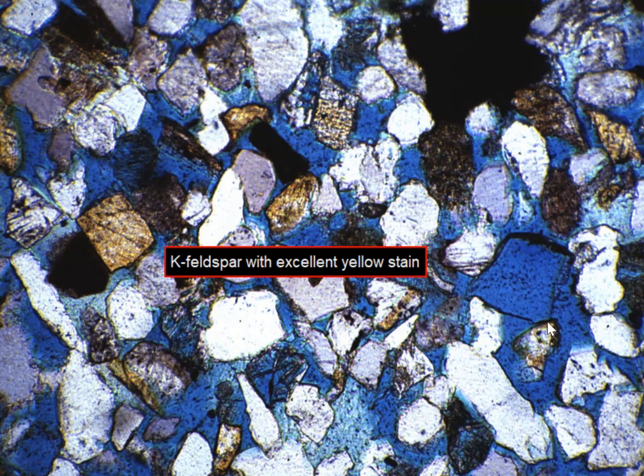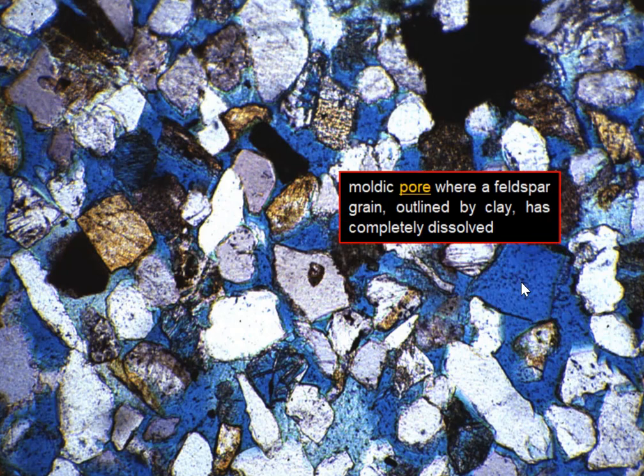Look at this. This is quite curious that we see the outline of a grain even as we notice that the blue epoxy is filling it. This is called a boulder pore. Sounds like something you'd find in a damp bathroom or a gardening shed.